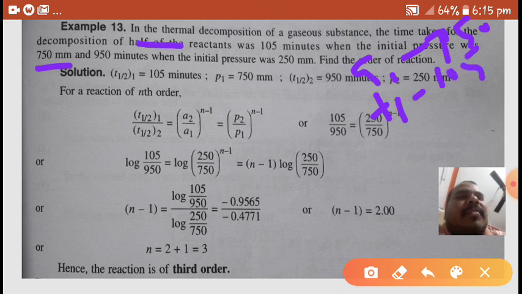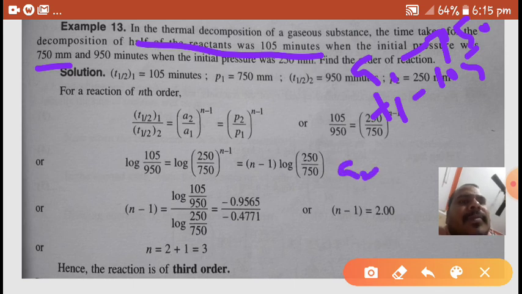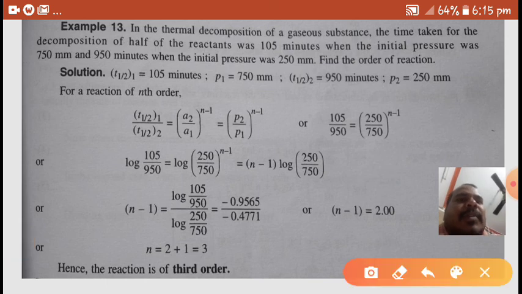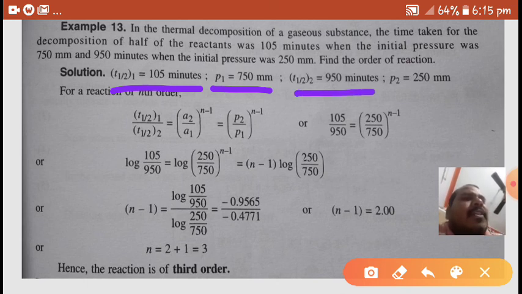And A2 is 250 mm and t2 is 950 minutes. So from the data, t1 is 105, P1 is 750 mm, t2, that is half life, is 950 minutes, and P2 is 250 mm.